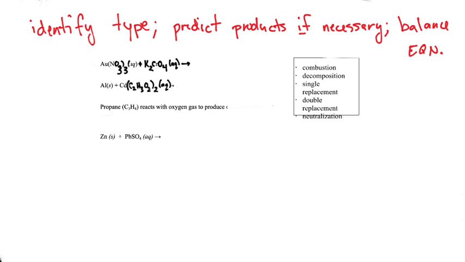What reaction type starts with 1 thing? Single displacement or single replacement reactions do not start with 1 thing. Decomposition. Decomposition starts with 1 thing and it turns into multiple.